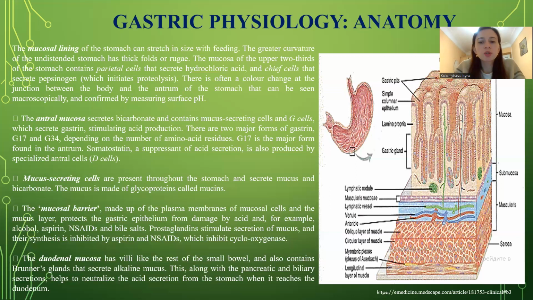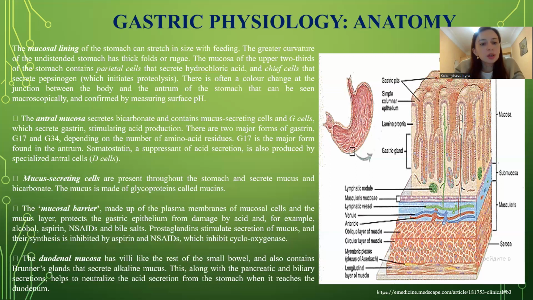Prostaglandins stimulate secretion of mucus, and their synthesis is inhibited by aspirin and non-steroidal anti-inflammatory drugs, which inhibit cyclooxygenase.